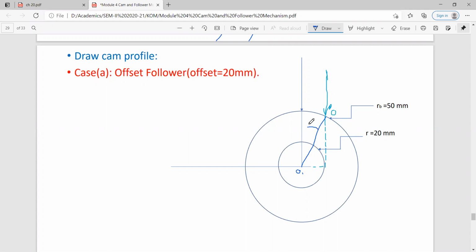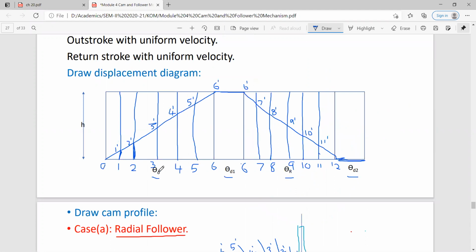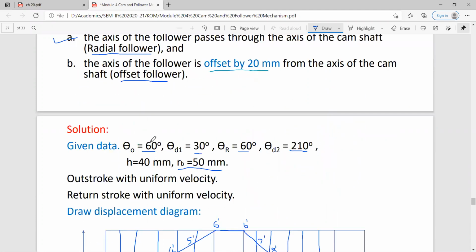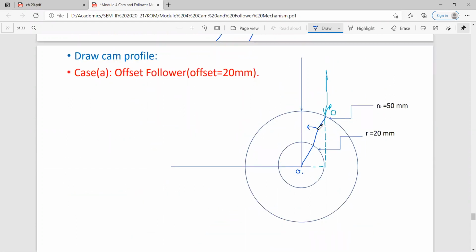Here you have to measure the angles from. So which is the first angle in our case? Angle of rise. The angle of rise is 60 degree. So from this line, you will measure the angle of rise 60 degree. Say suppose somewhere here it will be. This is your angle of rise, 60 degree.